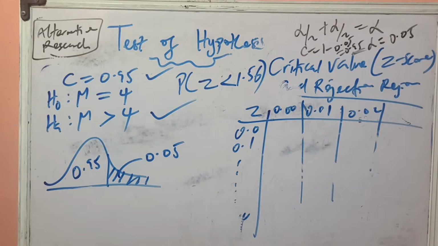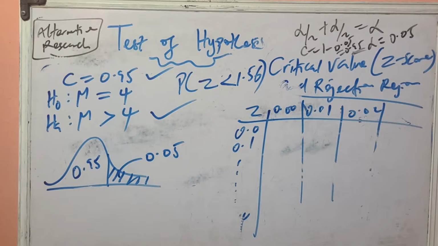Are you able to get exactly 0.95? Sometimes it's possible to see 0.95 exactly. Can you see 0.95 inside your probability table? Exactly 0.95?